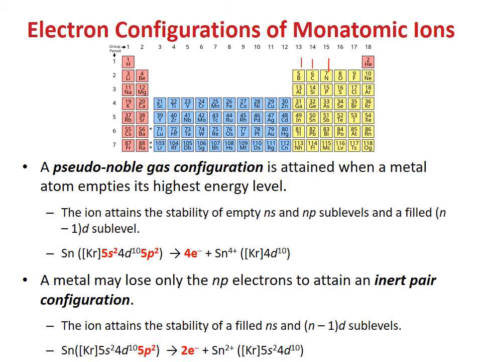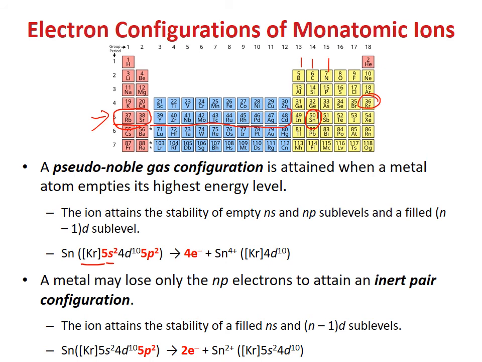Let's use tin as an example. Tin belongs to period 5. The previous noble gas is krypton, so we can write the electron configuration of tin as [Kr], and then 2 electrons in the 5s orbital, so that's these 2 electrons, and 10 electrons in the 4d orbitals.